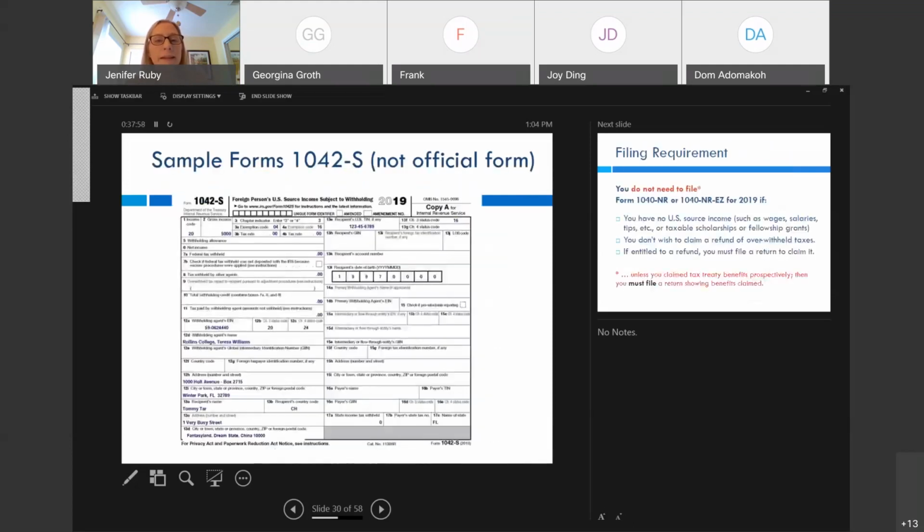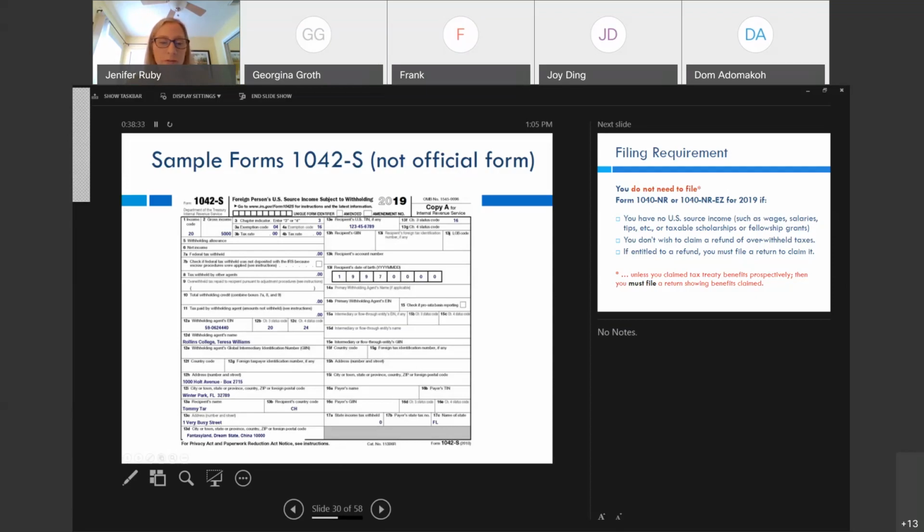So if you had any taxable scholarship or filed a tax treaty, this is the form, the 1042S, that you would have received from Rollins. And so you see income code, and that's where it's determining whether this was a scholarship that was taxable, and then what the amount was, and then if there was any tax withheld.